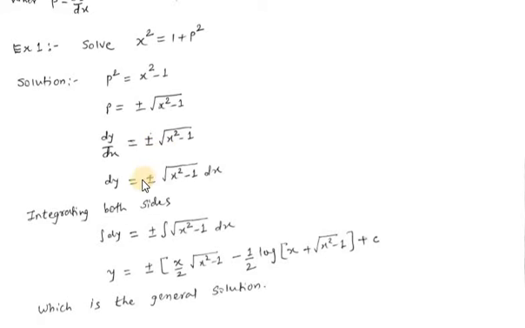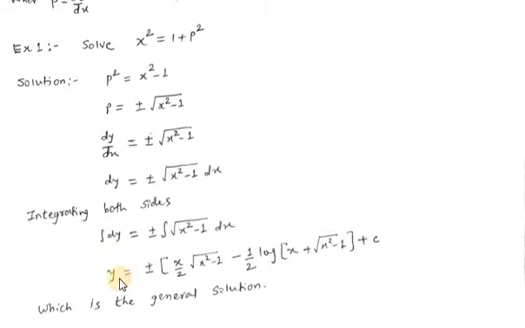Now applying the concept of variable separable form, we have dy equals to plus minus square root of x square minus 1 dx. Integrating both sides, we have integration dy equals to plus minus integration of square root of x square minus 1 dx.